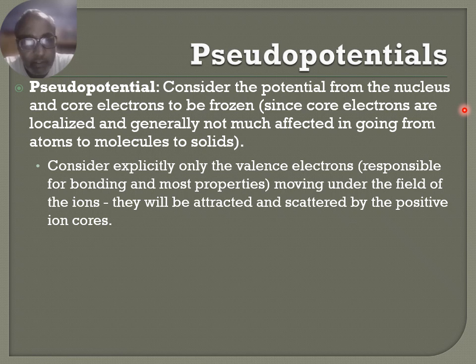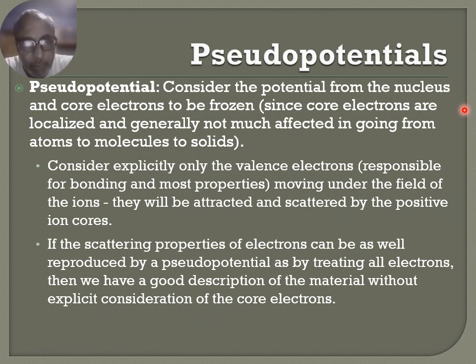These are the electrons that are responsible for bonding and most properties. And these valence electrons are considered to be moving under the field of the ions. They will be attracted and scattered by the positive ion cores. If the scattering properties of the electrons can be as well reproduced by a pseudopotential as by treating all the electrons, then we have a good description of the material without explicitly considering the core electrons.